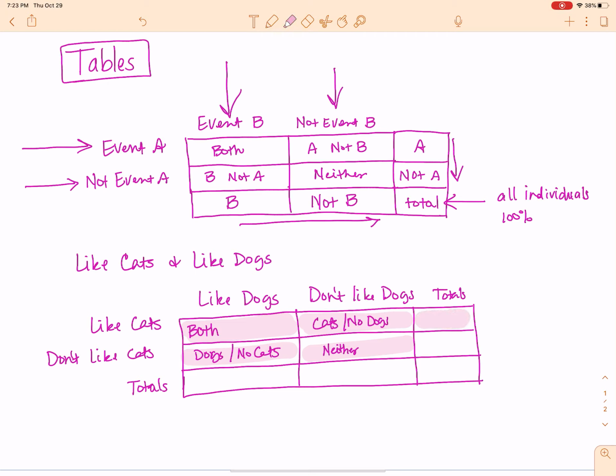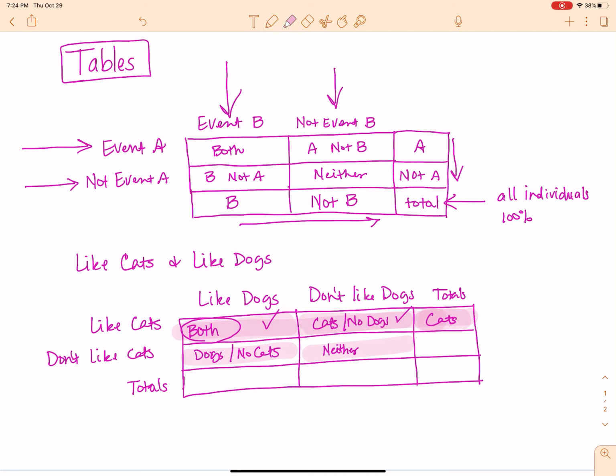All right, so what you have to think about are these totals at the end. This total right here is a total for all of these people who like cats. All of these people like cats. It's just that some of them happen to like dogs, these right here. But the total people who like cats encompasses this box and this box.